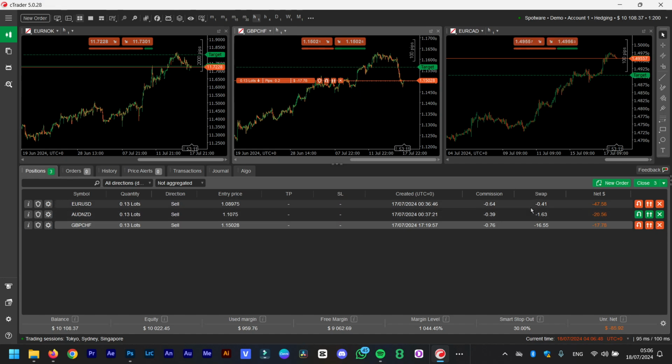But as of right now, that's happening with the GBP-CHF, and that's why the margin level is so low right now. I was so skeptical, thinking, what the hell is going on? I just opened 3 trades, and all the trades are using the proportional lot size of 0.13, and almost all of my margin is gone already.